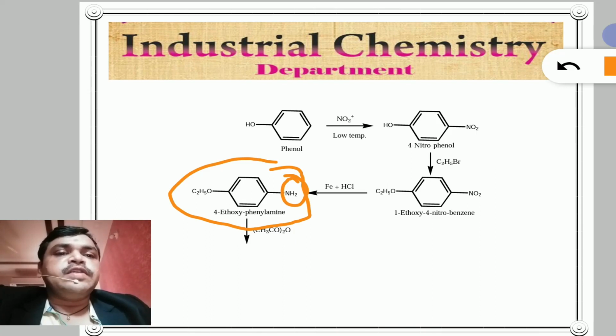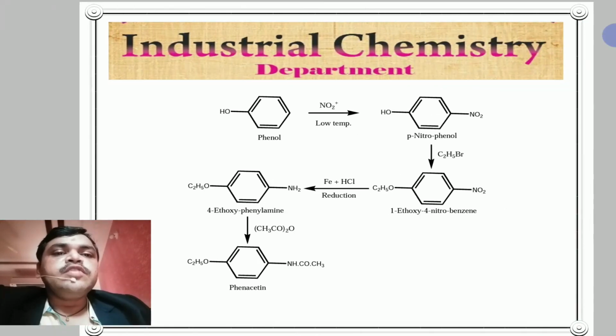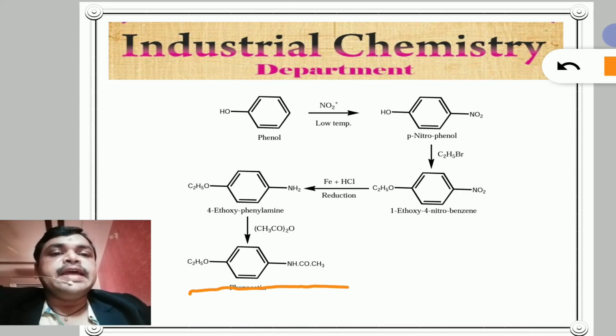So it is known as acetylation or acylation. It must be carried out in the presence of acetic anhydride. So finally, last we get our product, phenacetin.